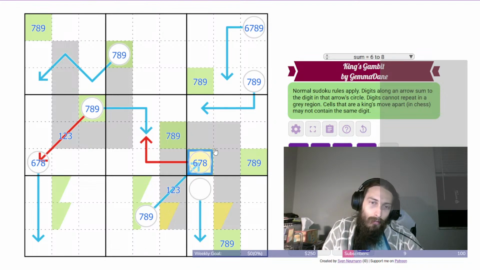So yellow in this box, but we know it's not here or there. Can't be on its own arrow.